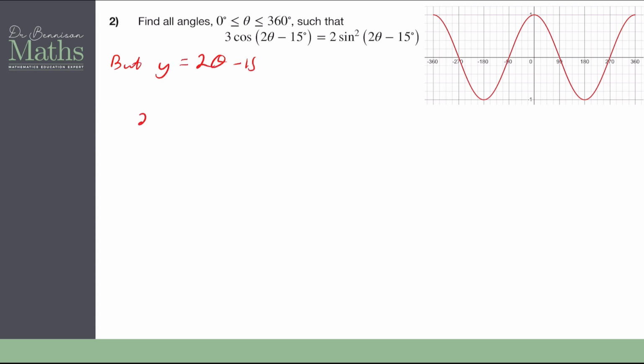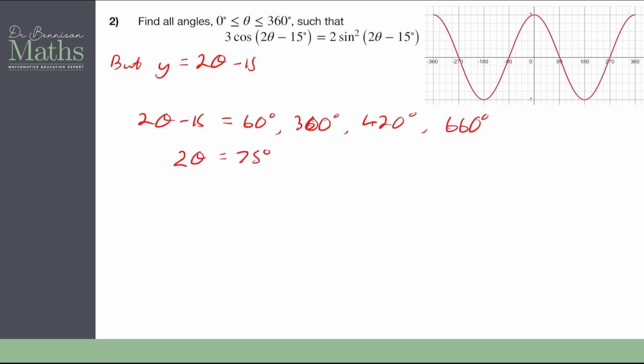So 2 theta minus 15 is those 4 angles, so 60 degrees, 300 degrees, 420 degrees, and 660 degrees.